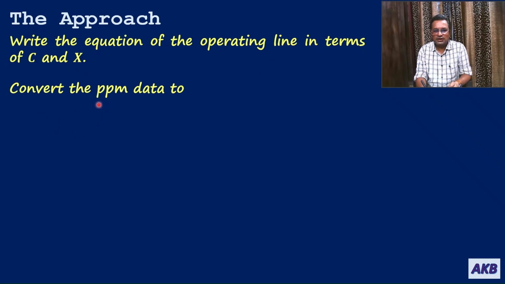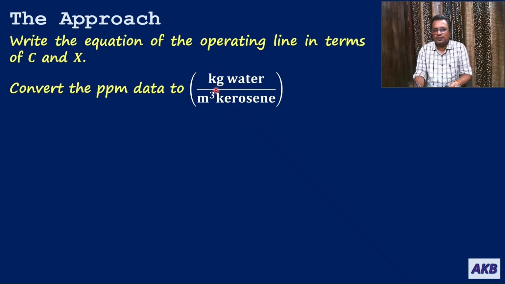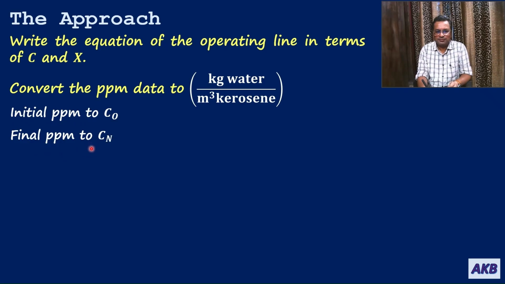Then we will convert the ppm data, parts per million data, that is the concentration which is given in ppm, to kg water per meter cube of kerosene. So the initial ppm we will convert to C naught, and this quantity is C, and for the final ppm it would be Cn.